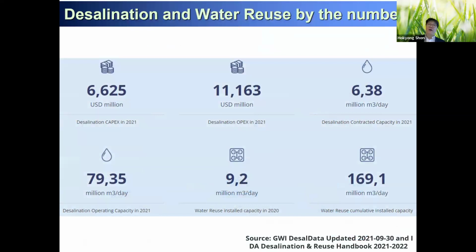So this is the number for desalination and water reuse. Also, water reuse, recycling water, is the same as desalination. You also remove a lot of salt from wastewater, and then the difference will be a little bit of low concentration. So wastewater reuse is a little bit cheaper than seawater desalination. So some people like recycled water, some people like seawater desalination.